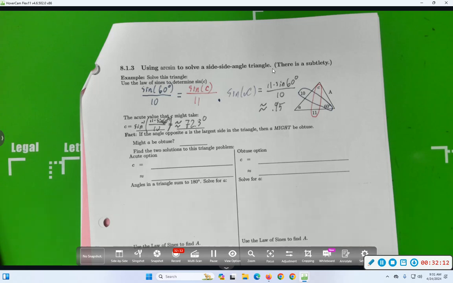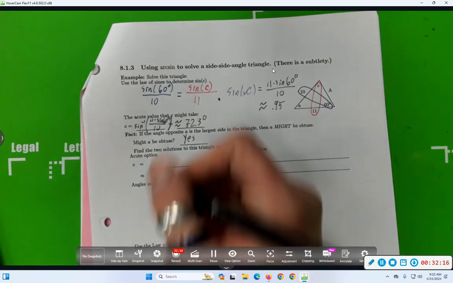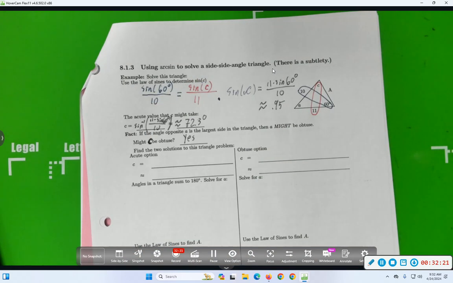So, might A be obtuse? Yes. Might C be obtuse? Yes. So, I've already gotten the acute option.